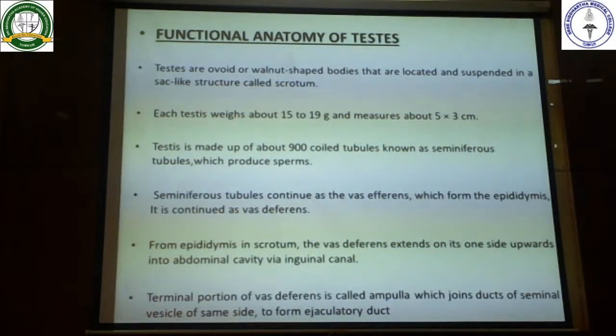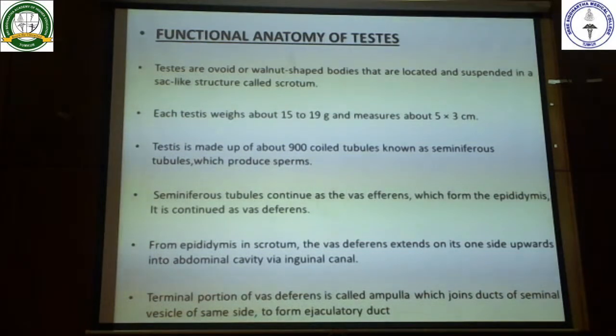Each testis weighs about 15 to 19 grams and measures about 5 centimeters by 3 centimeters. Inside each testis, there are about 900 coiled tubules known as the seminiferous tubules.